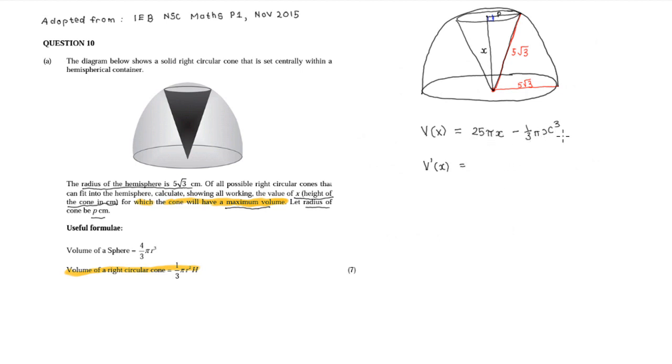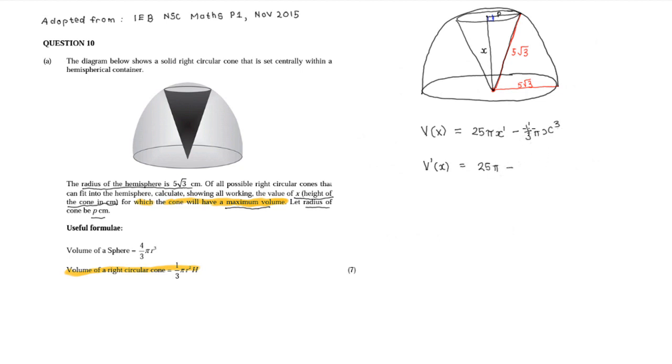So when you apply the power rule to this, you are simply going to get that v prime of x is equal to, remember there's an exponent of 1 here, so 1 times 25 pi times x to the exponent 1 minus 1, which is just going to be 25 pi.